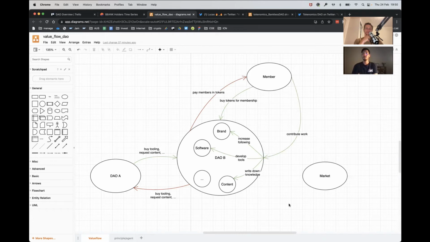And if they feel like, hey, I believe in what this DAO is trying to do, I'm happy to put my energy into this DAO because it's a mission that I believe in. Yes, it is investing, but maybe more as investing as a principal rather than just as an agent, because they really believe in the mission.